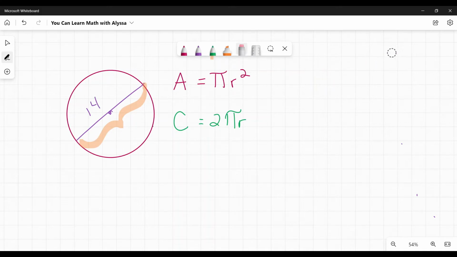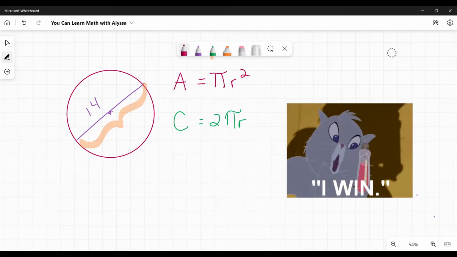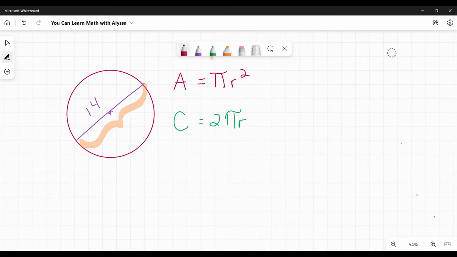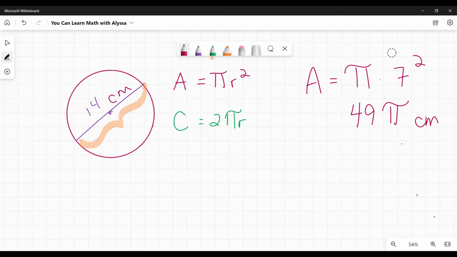So instead, you would go like, ha, you will not trick me today. I see you. I'm watching you. That radius is not 14, it is 7. So then you would say my area is pi times 7 squared, or 49 pi, and we'll say these are centimeters. So 49 pi centimeters squared. And then if I needed to multiply that to get a decimal, if my teacher asked me for that, I would do so.